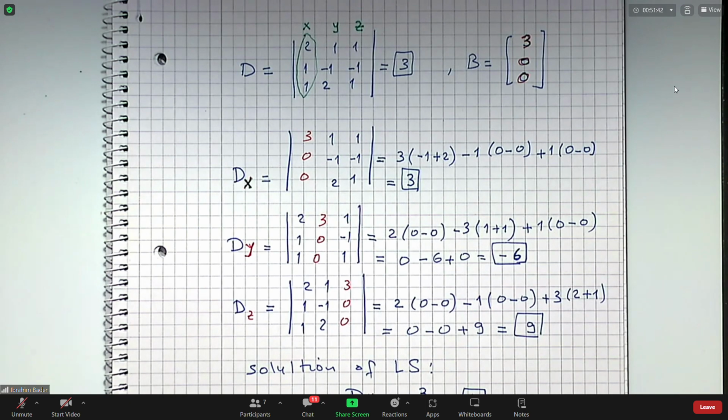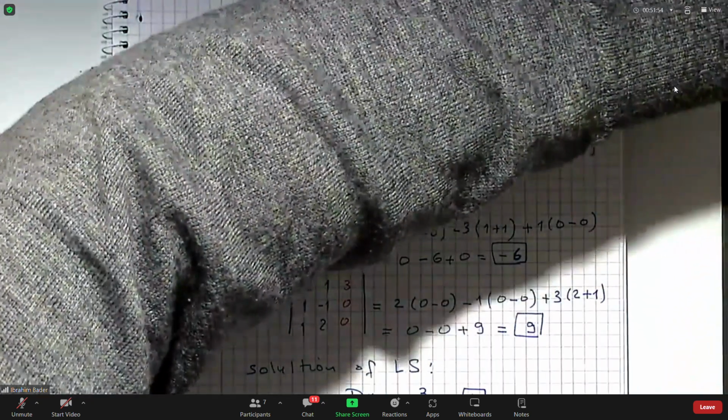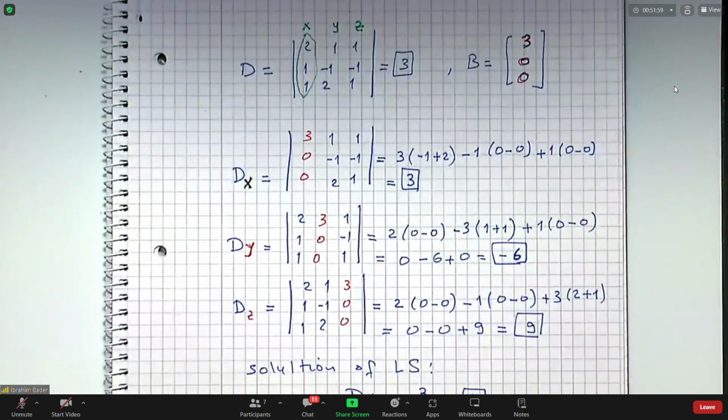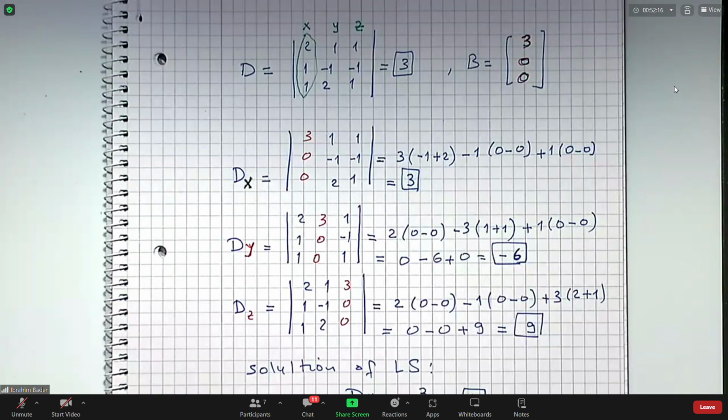The touch screen. I don't know what to do now.